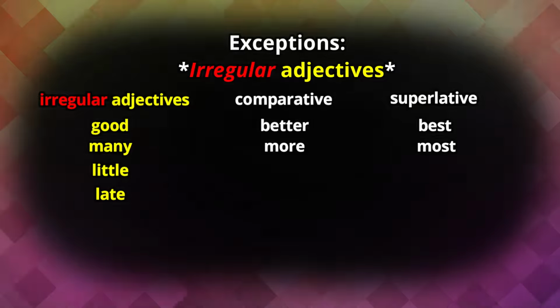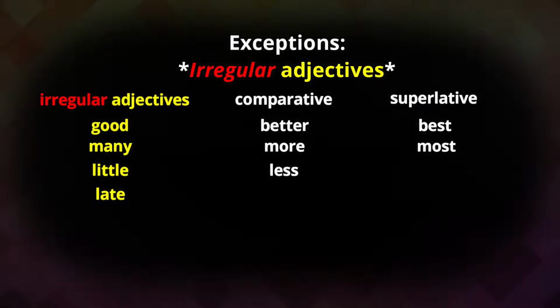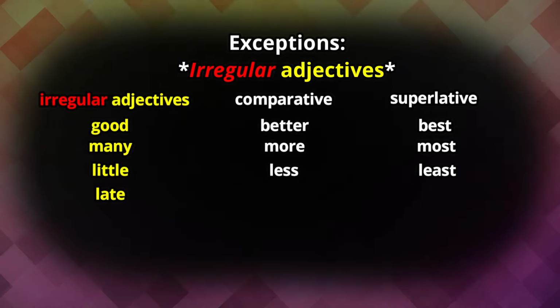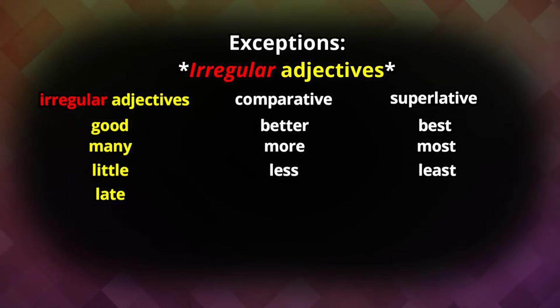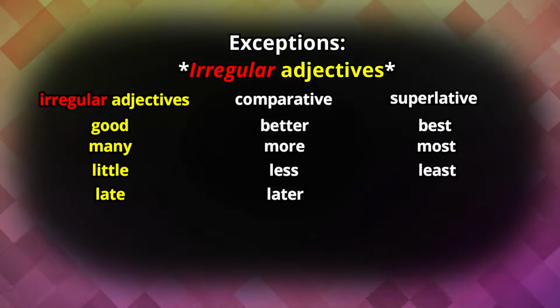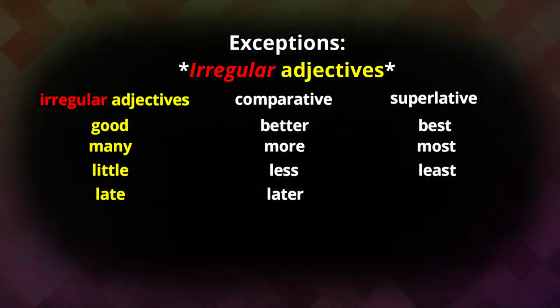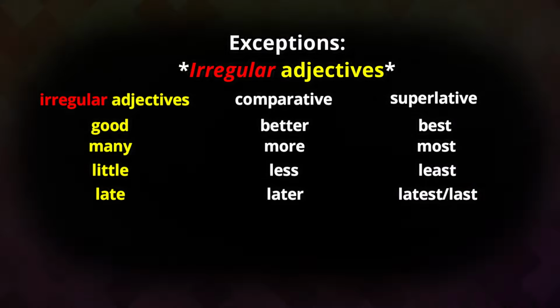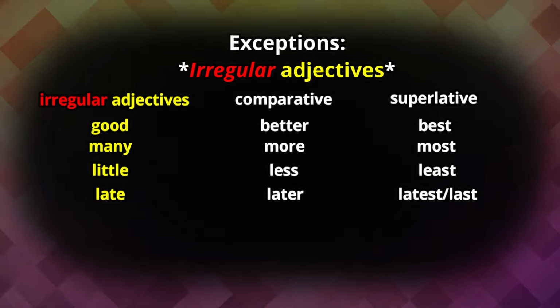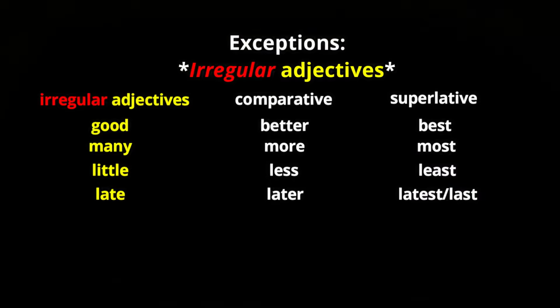Little, the comparative is less. The superlative is least. And then we have late, with the comparative being later, and the superlative either being latest or last. Okay, these are very common. There's a few more, but these are the ones that you'll probably see the most.